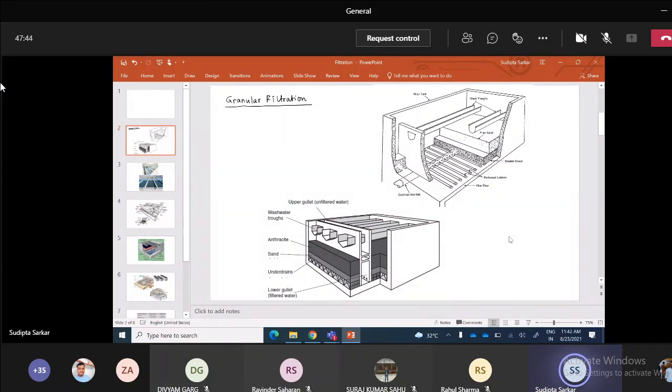So I guess that you all have been exposed to this topic, granular filtration, before. And when we talk about granular filtration, the name itself suggests that we use granules for doing the filtration.